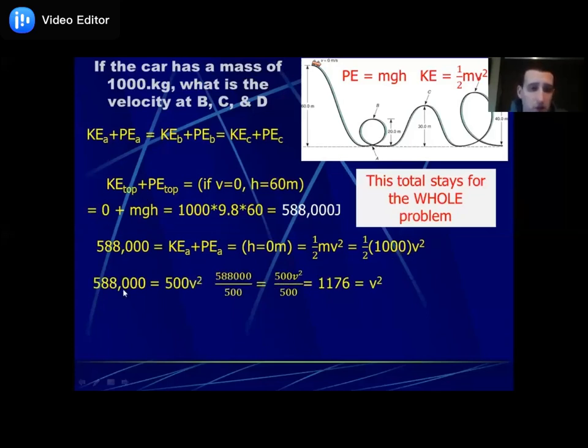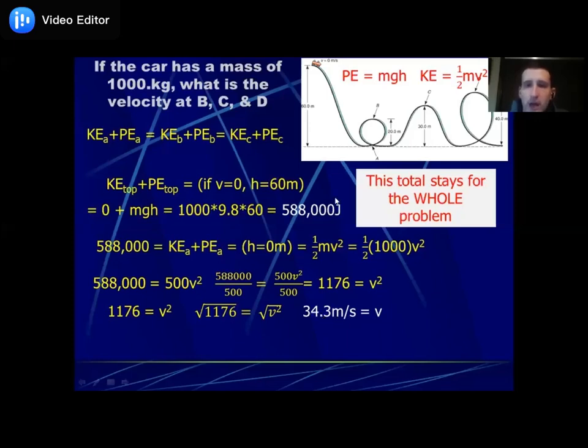So now we have our total equals 500 v squared. We divide both sides by 500. The 500 on the right side will drop out, and on the left side we'll get 588,000 divided by 500, which is 1,176. So we get that 1,176 equals v squared, and then we take the square root of both sides, yielding us a velocity of 33.4 meters per second.